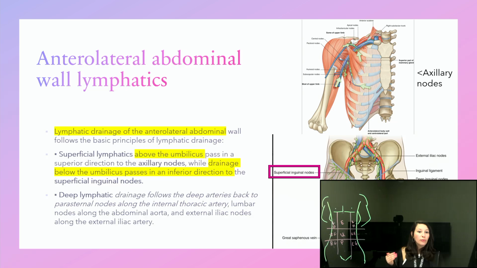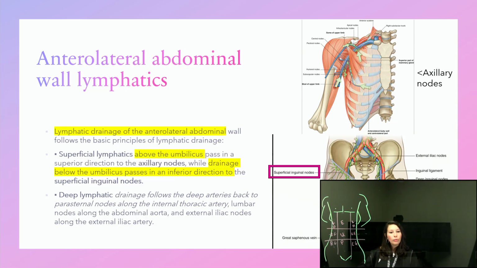So the lymphatic drainage of the anterolateral abdominal wall is by the superficial lymphatics above the umbilicus, which pass in the superior direction towards your axillary nodes. So those lymphatics are going to be draining over by the axillary nodes.